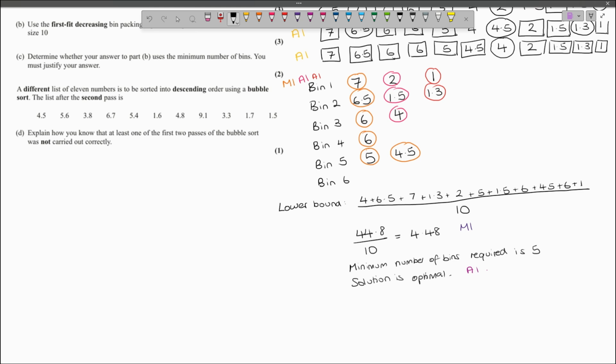Okay, last but not least, explain how we know that at least one of the first two passes of a bubble sort was not carried out correctly. So we've got a sorted list after two passes of a bubble sort. And really importantly, the bubble sort on each pass takes the smallest number, if we're sorting into descending order, and bubbles it all the way to the end.